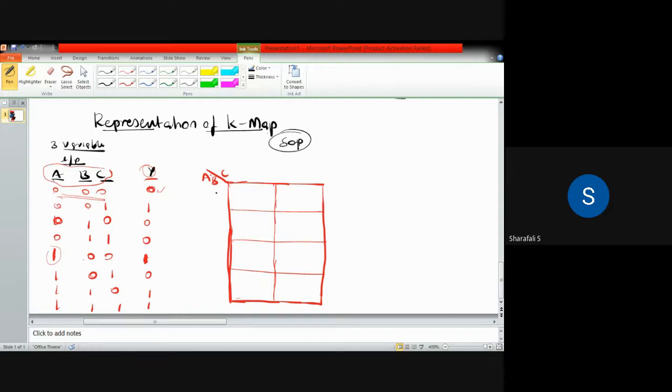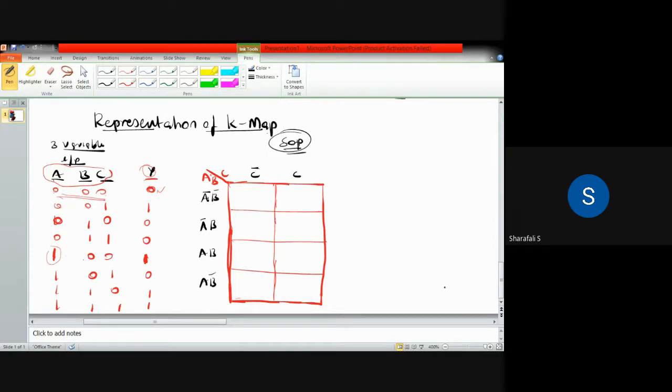So in SOP form, we can write this as A bar B bar, A bar B, A B, A B bar. Then we have C bar here and C.